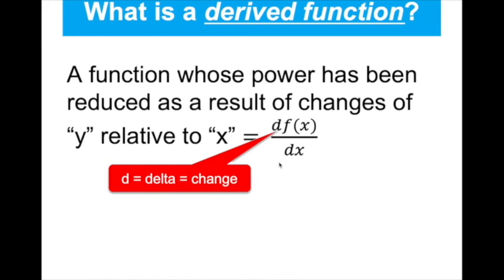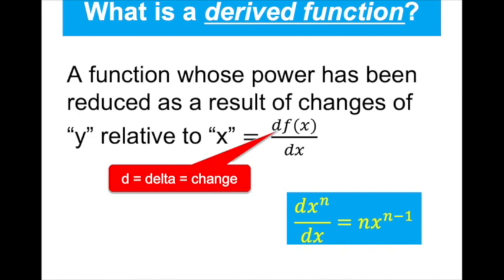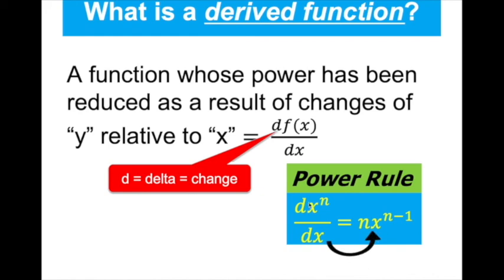And remember, finding a slope is just equal to finding a derived function, right? So d of x to the power of n over dx, so change in y over change in x, is equal to n multiplied by x to the power of n minus 1, and that is called the power rule. And the process itself, going from this one here to here, is called differentiation.